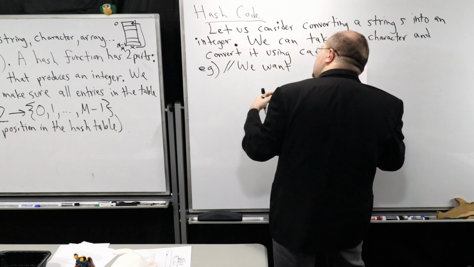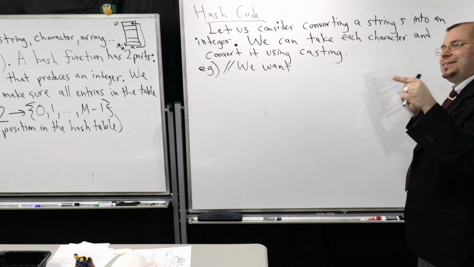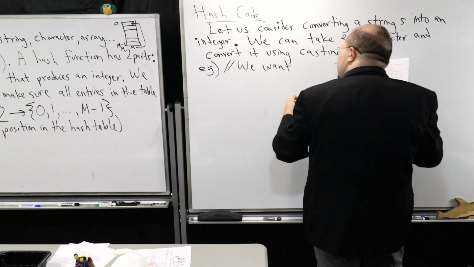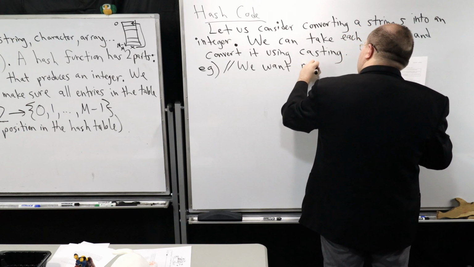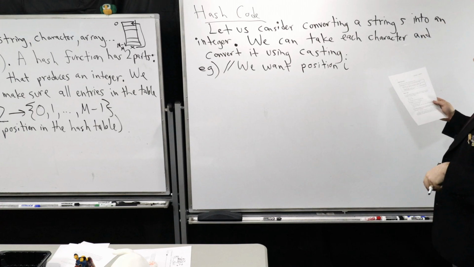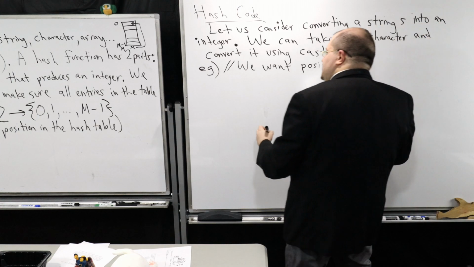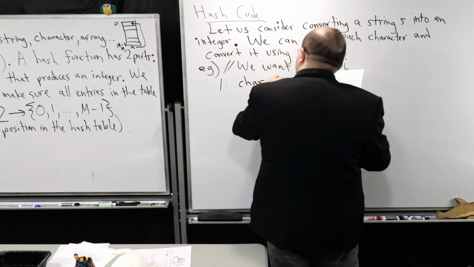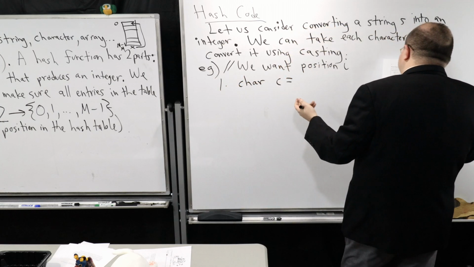suppose I give you a string s and I want to know what the value would be for a position i in the string. Here's what I can do. The first thing is I have a character, I'm going to give it the name c.